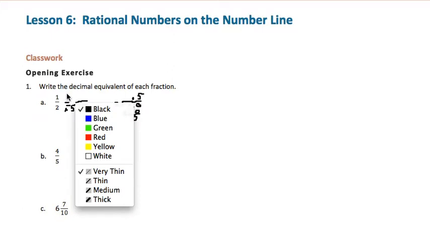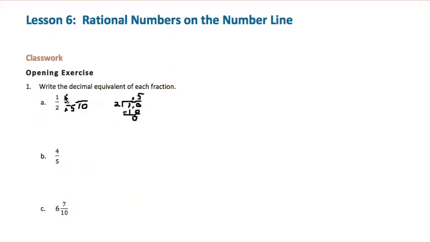And we do exactly the same thing in the numerator. So 1 times 5 is 5. And we can see that 1/2 is 5/10. And as long as we know our decimal place value, we can write 5/10 the same way that we found it by dividing.